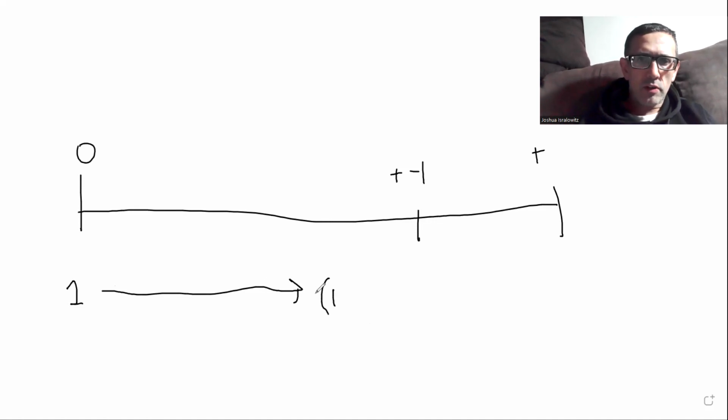t minus 1 years, just 1 times 1 plus Rt minus 1 to the power t minus 1. Okay.